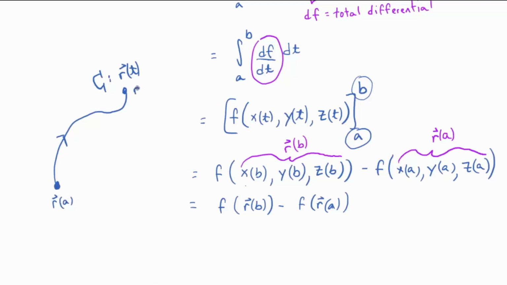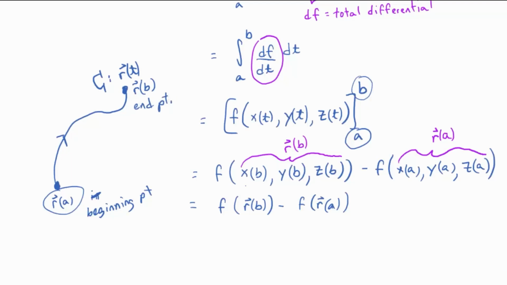This point over here is r of b. I like to think of r of a as the initial point, or the beginning point, and r of b as the end point.